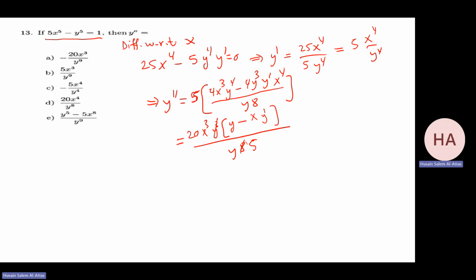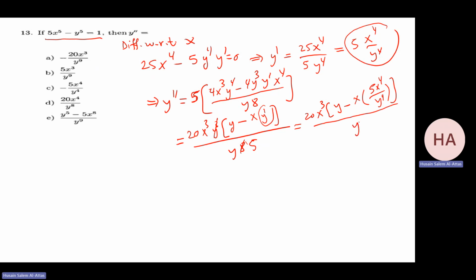Okay, this is cancelled. This will be 5. So that will be 20x cubed y minus what? I know y prime. y prime is this one. So it's y minus 5x to the power 4 over y to the power 4, all over y to the power 5.